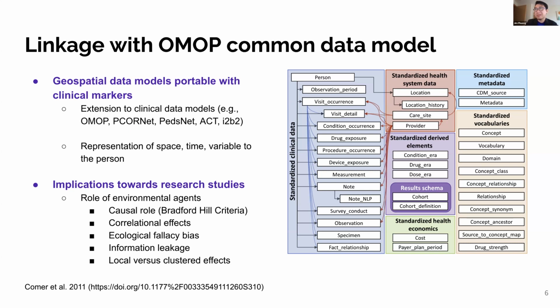It's a space-time effort. So where a person lives and what type of data we're linking with them. If the temporal aspect is not maintained, we could have a problem downstream where the environmental information is actually future information. So you have an information leakage problem. And separately, how to enable and what to do for clustering and spatial effects.